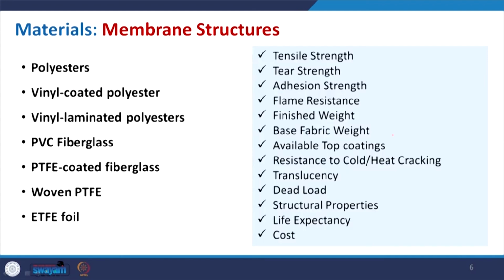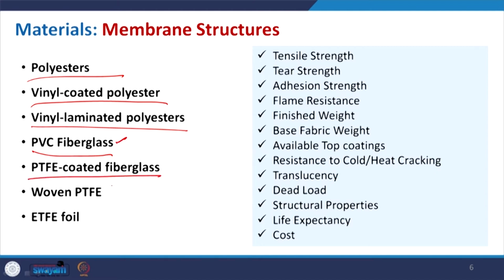Moving forward, the available materials in the market. We have polyester, we have vinyl coated polyester, which is better than the normal one. Then vinyl laminated polyester, and PVC fiberglass, that can also get bent and it is useful. Now, these are the materials, the woven PTFE or ETFE, they are really helpful.